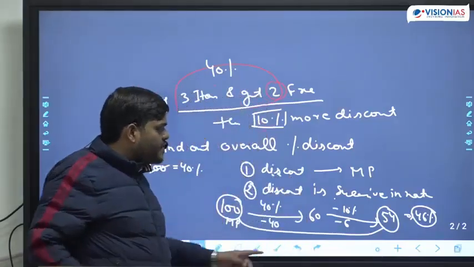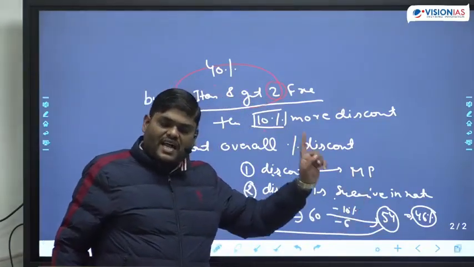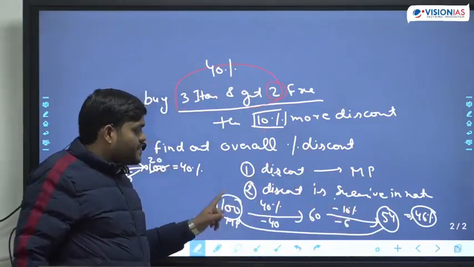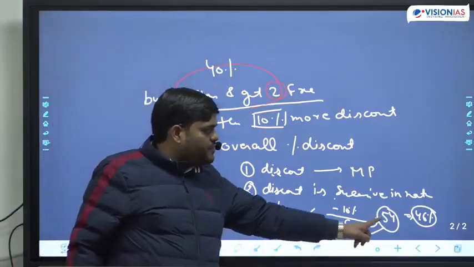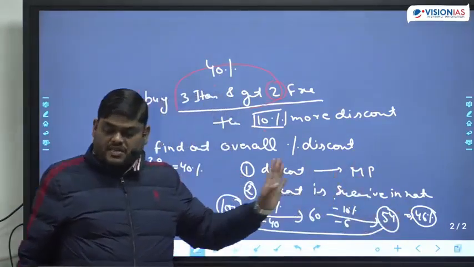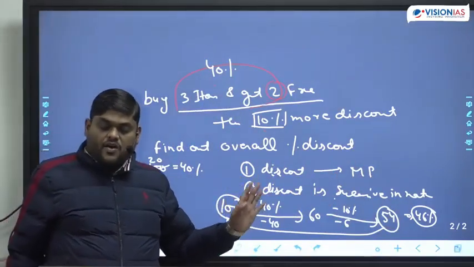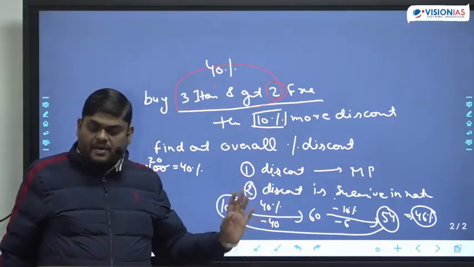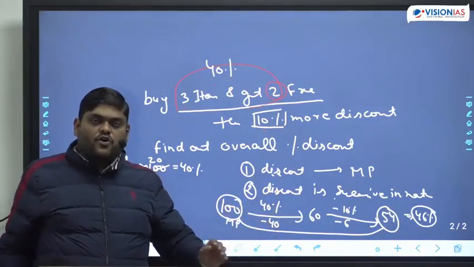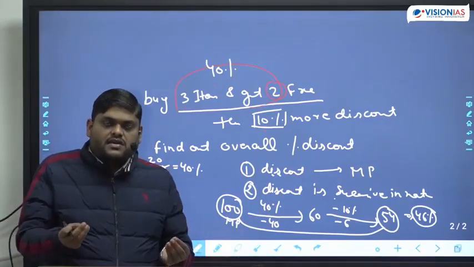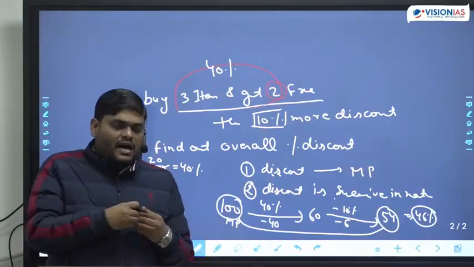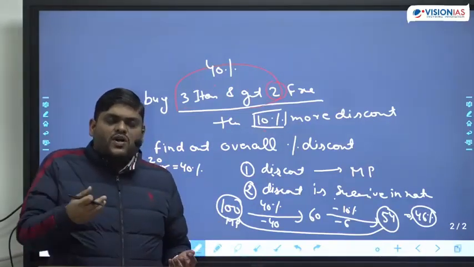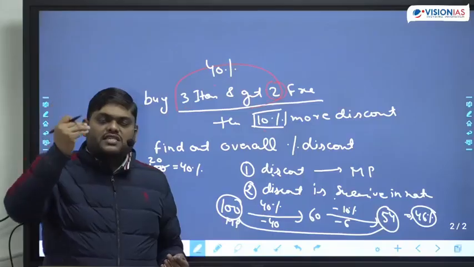Many students give 54 as an answer, but last class also we discussed the discount will not be 54, but 46%. Please remember this. It cannot be 54. You had 100 rupees, now you have 54 rupees. So there is a decrement of 46, or not?